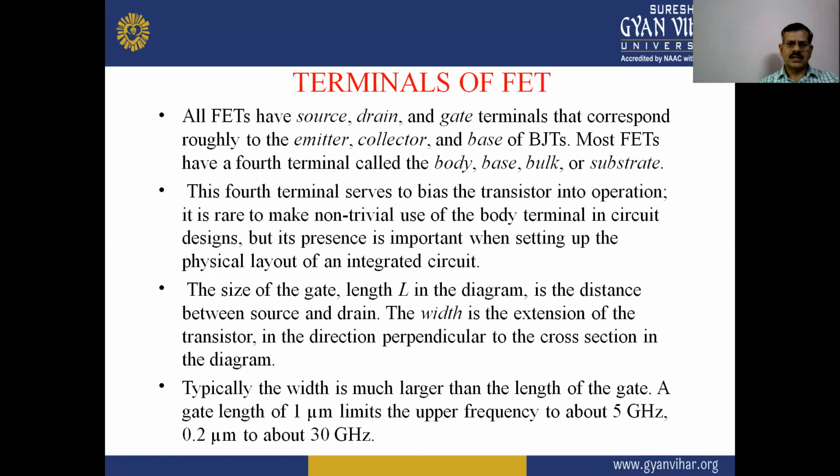Regarding the size of the gate, the length in the diagram is the distance between source and drain. The width is the extension of the transistor in the direction perpendicular to the cross section in the diagram.